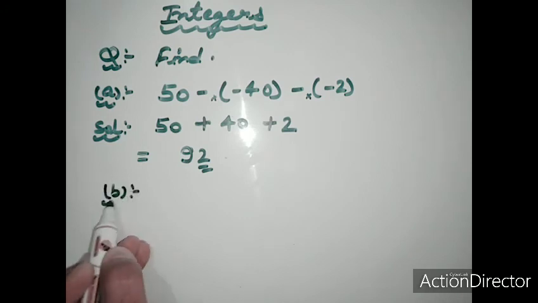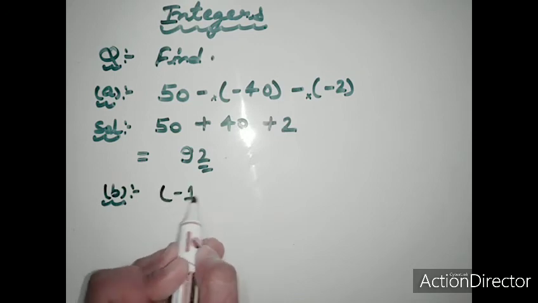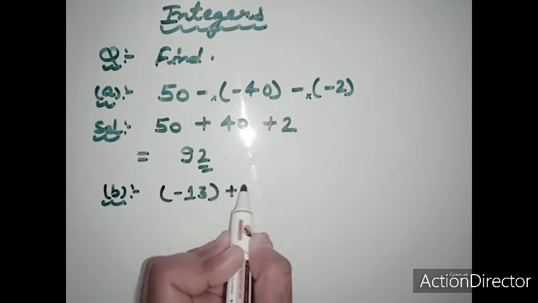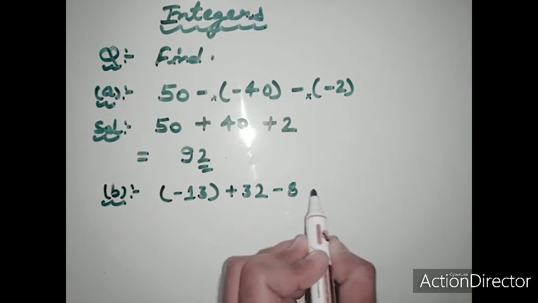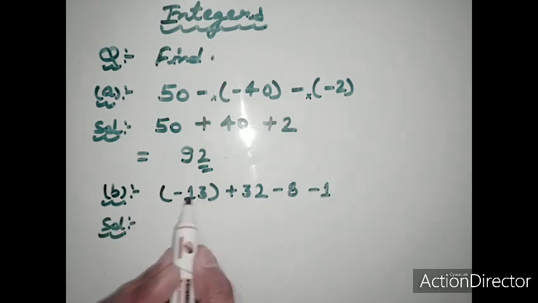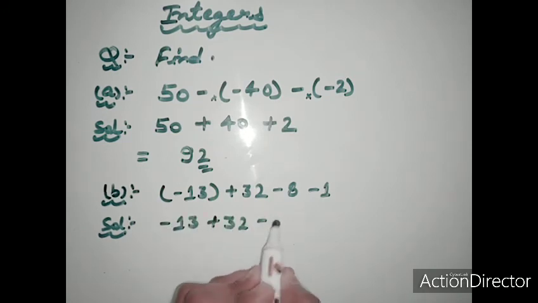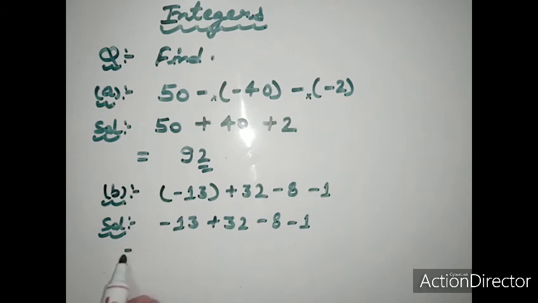Now B part of this question. Here we have minus 13, then plus 32, minus 8, minus 1. Now students, here we open this bracket and write minus 13, plus 32, minus 8 and minus 1. What we do first is solve this part, because we all know that minus plus is minus, right?